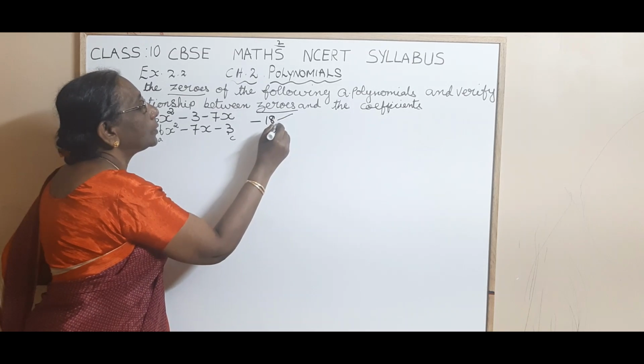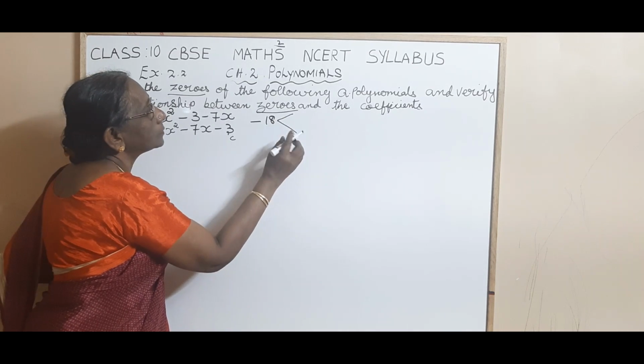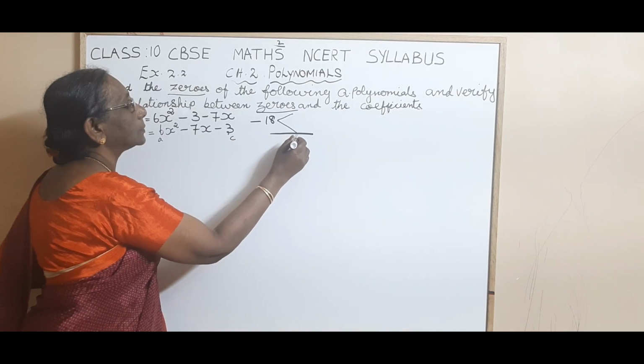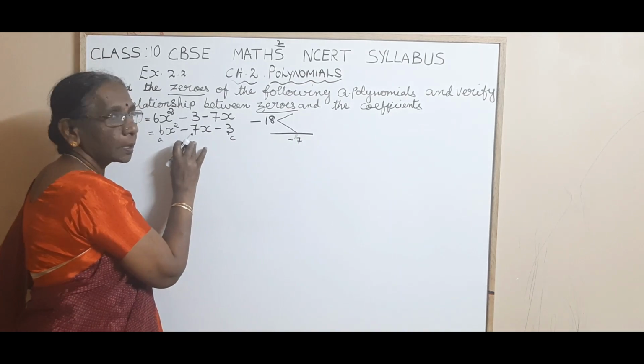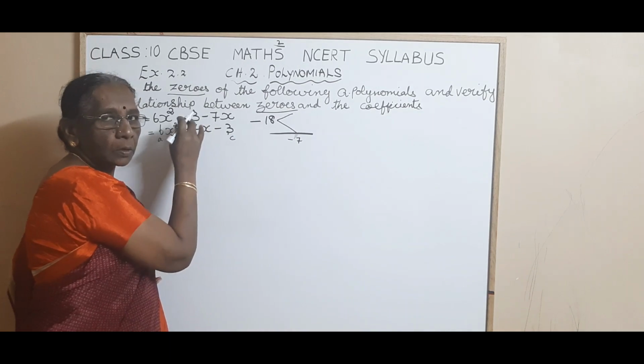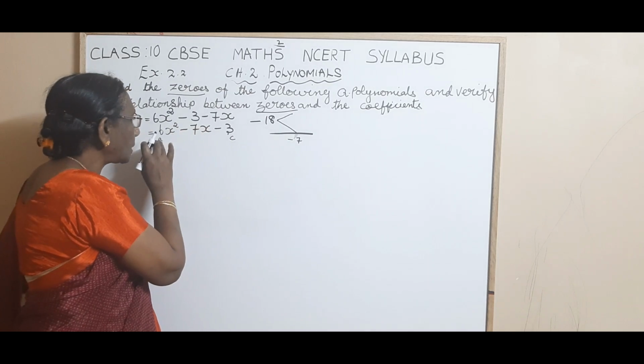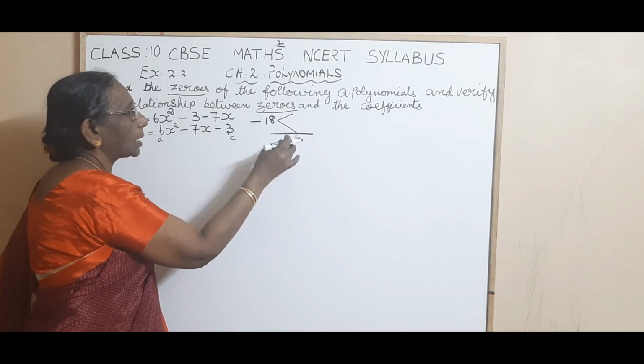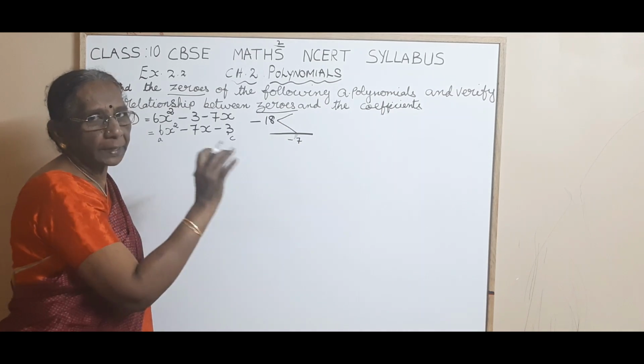So the middle term represents the sum of the two parts, and the product of a and c represents the product of the two split-ups.